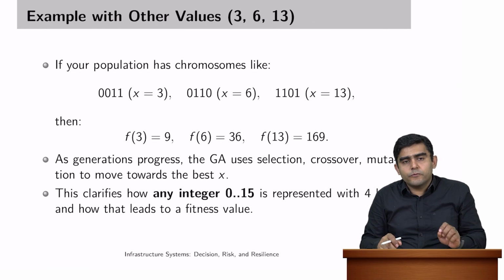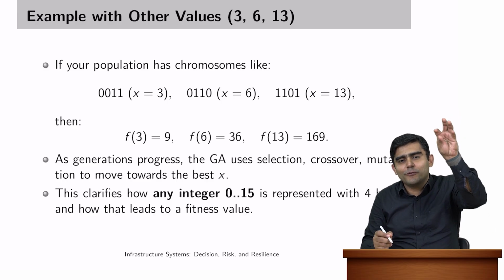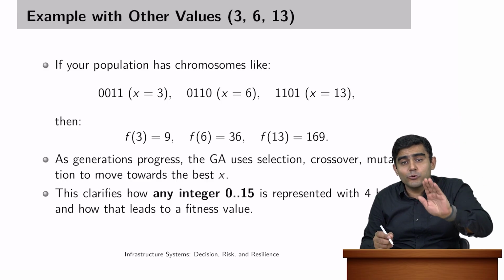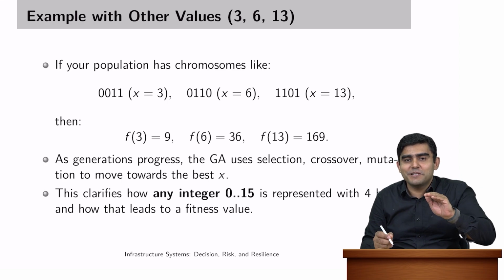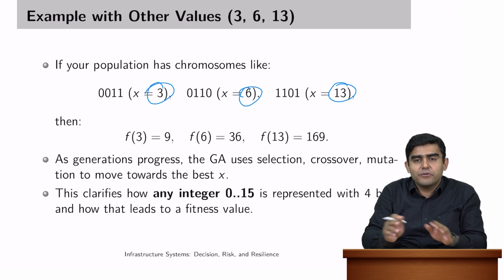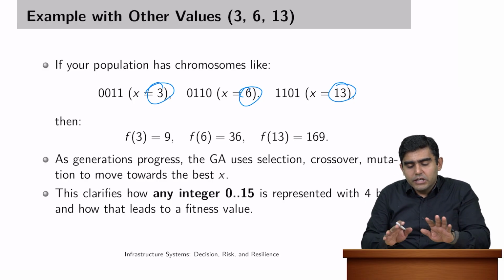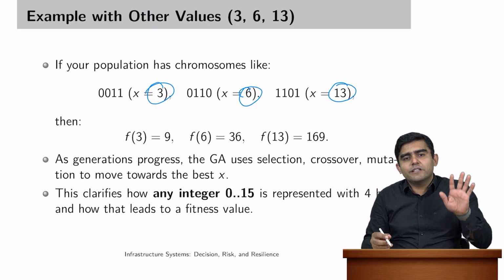Now, a note of caution: you might have sensed that when I set up the initial population, I had values at 0, 5, 10, 15. There is no rule that values have to be equally spaced. I could have also sampled x equal to 3, x equal to 6, x equal to 13 at some uneven spacing, and my algorithm would continue to evolve in a similar fashion.